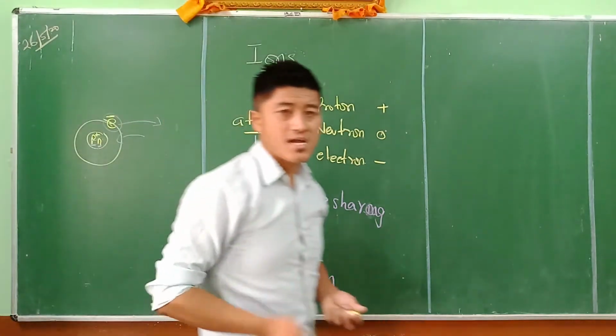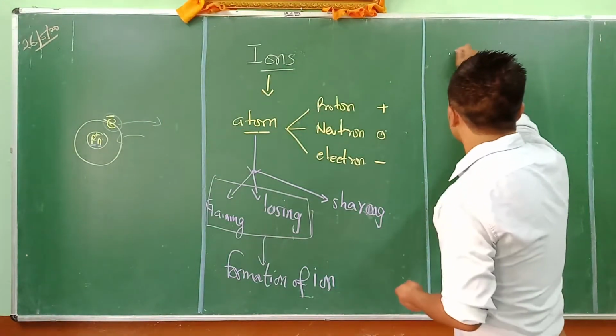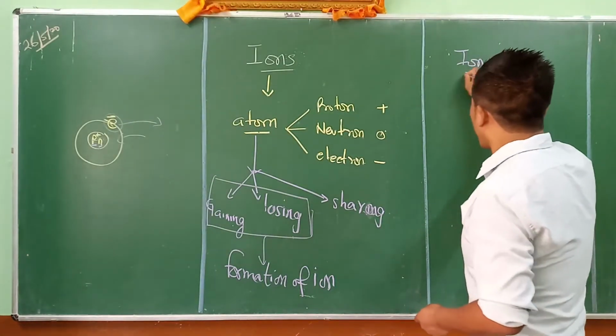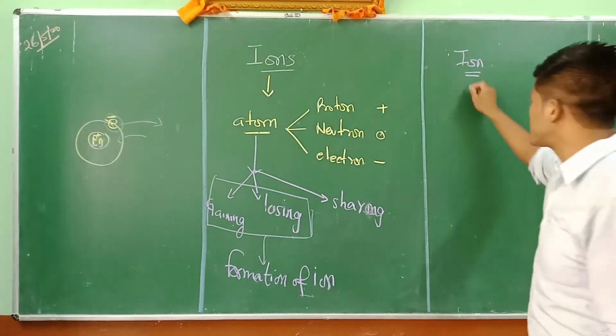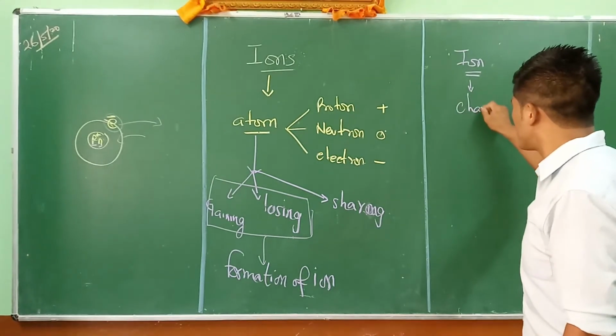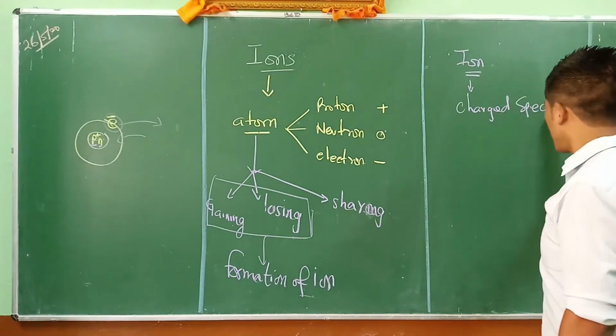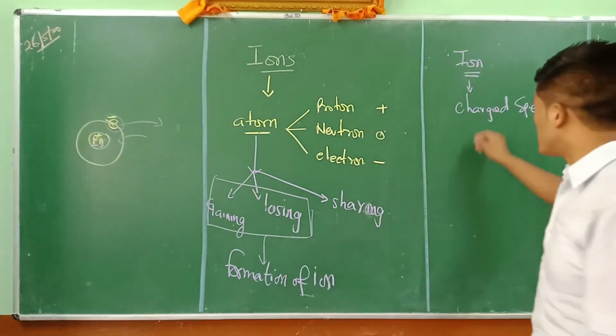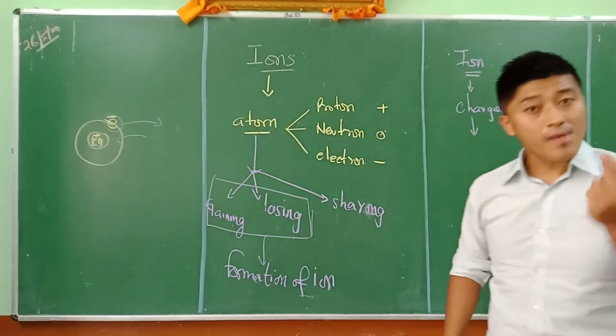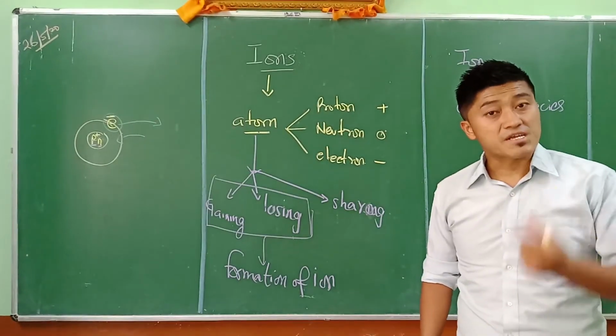Now let us try to understand the definition of an ion. What is an ion? An ion is a charged species. Understand? That means there are some atoms which come with a certain kind of charge.